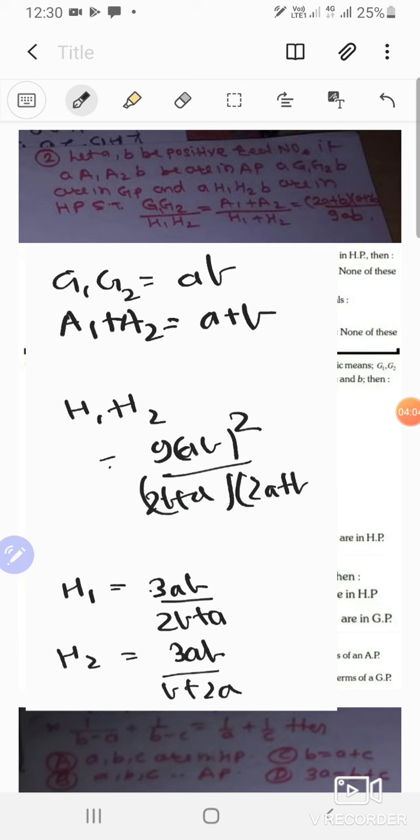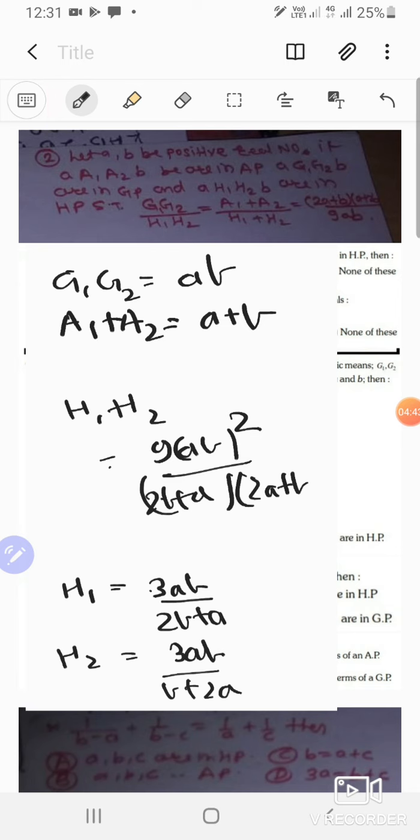We have to find g1 g2 upon this, so you take ab upon all this stuff, which gives ab upon 9a squared b squared, and that goes in the denominator, so we get 9ab, and the product goes on the top. So that's completely correct.